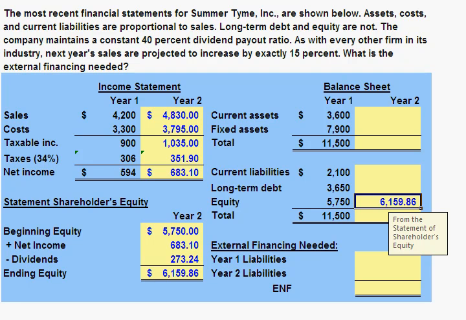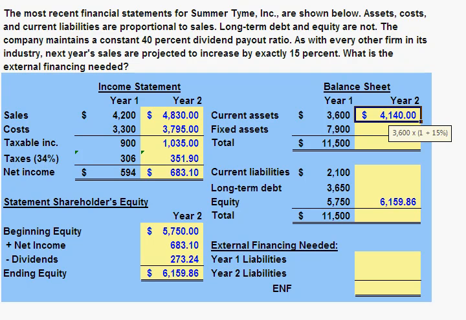Our current assets for the year will grow at the same 15%. We take prior year's current assets of $3,600 and multiply it by 1 plus 15%. Fixed assets will be year 1 fixed assets of $7,900 multiplied by 1 plus the same 15%.